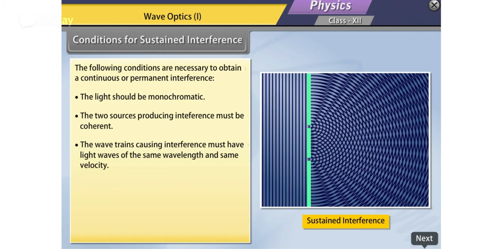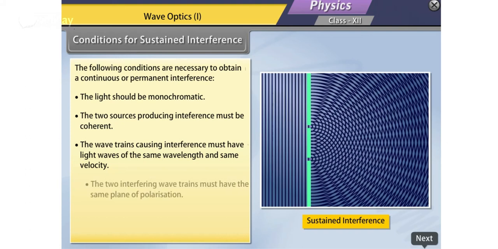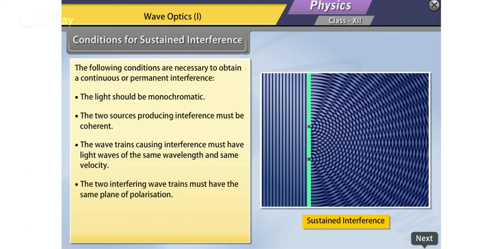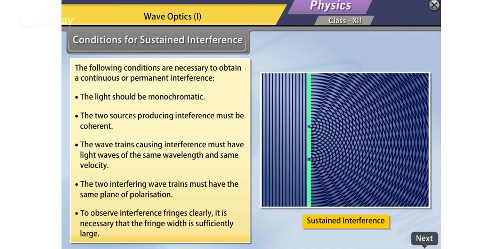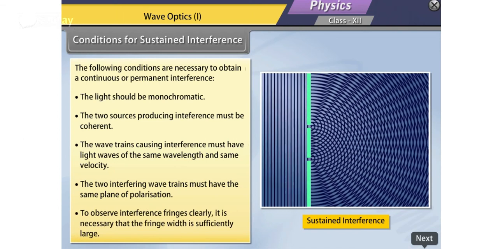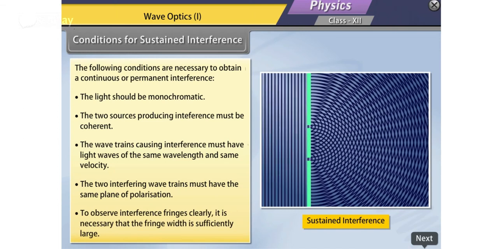The wave trains causing the interference must have light waves of the same wavelength and same velocity. The two interfering wave trains must have the same plane of polarization. To observe interference fringes clearly, it is necessary that the fringe width is sufficiently large.